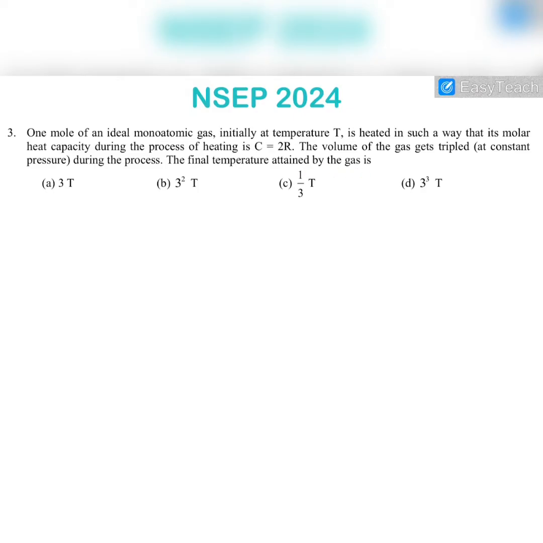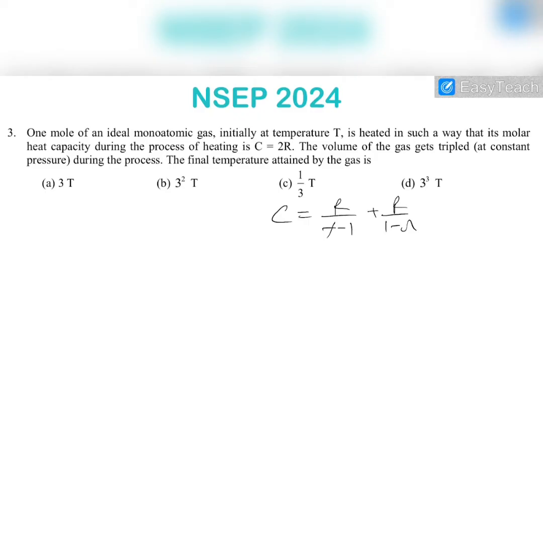First of all, we know that C, which is the molar specific heat capacity, is R upon gamma minus 1 plus R upon 1 minus x. This is for a polytropic process. We know this formula.